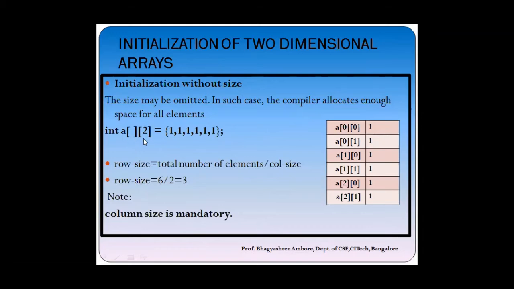If you skip the column size, the compiler will fail to calculate the row size. Again, the compiler will not understand how many rows are there. Then how will it assign? Locations cannot be fixed. How much memory is required? That is also not clear. So the compiler will show you an error message.